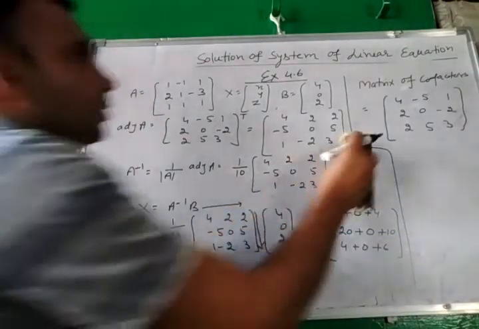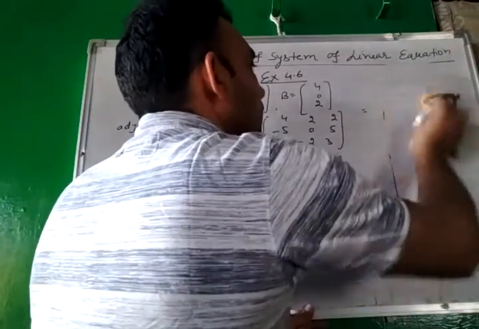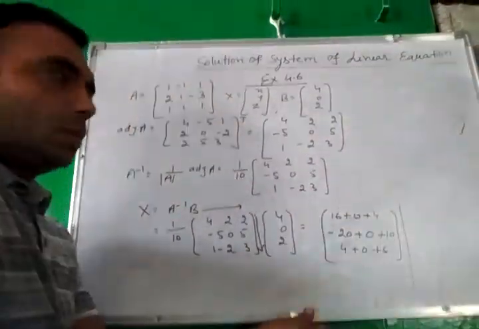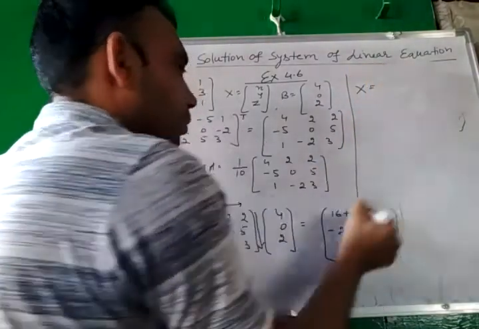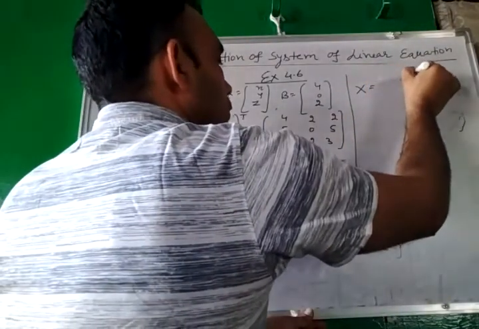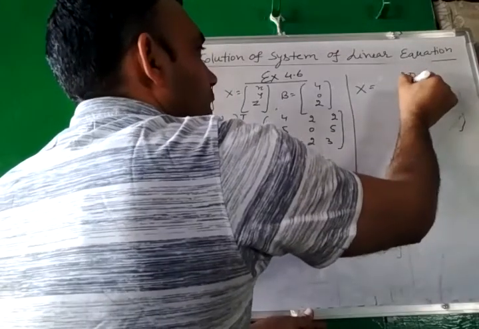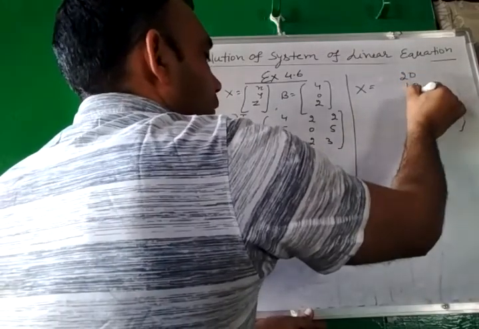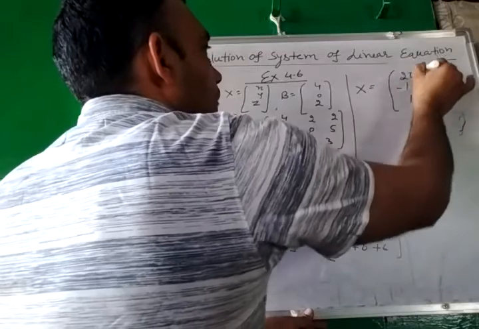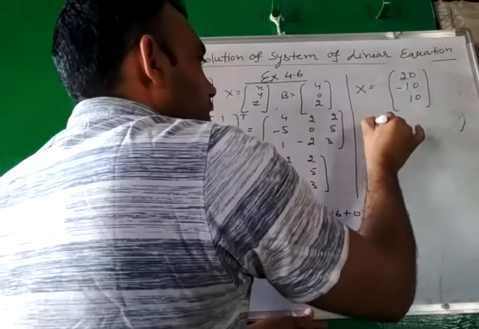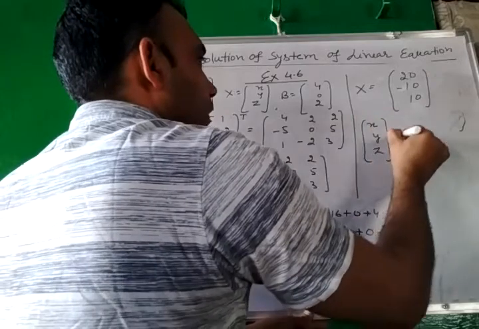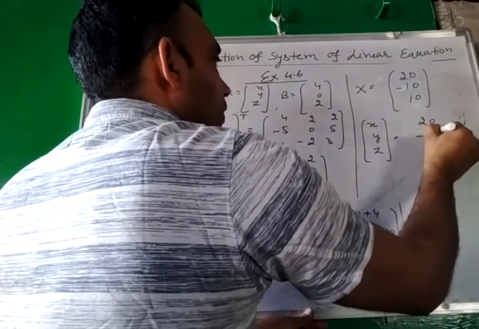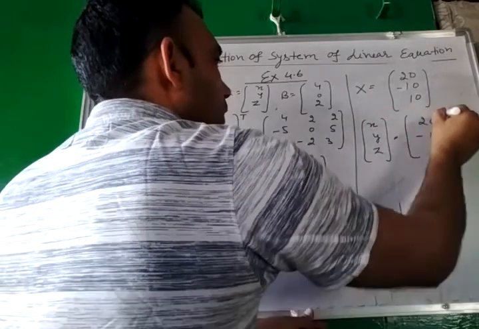So what we get? X is equal to 1 upon 10 times 20, minus 10 and 10. What is X? X is the matrix of variables: x, y, z is equal to 1 upon 10 times 20, minus 10 and 10.